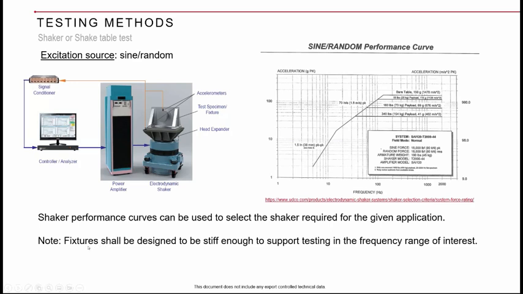One key point is that the fixtures should be designed stiff enough so that their natural frequency is sufficiently away from your component of interest frequencies, or unit under test frequencies.